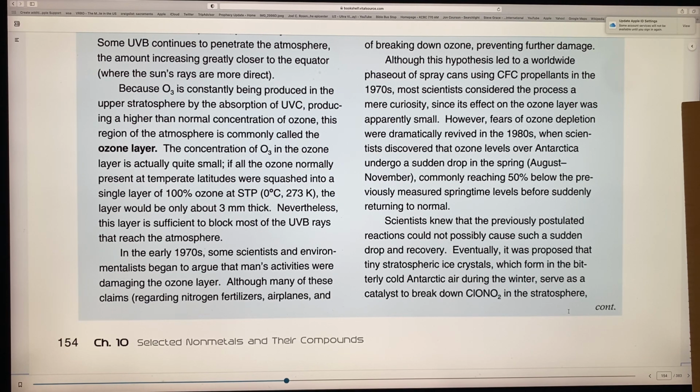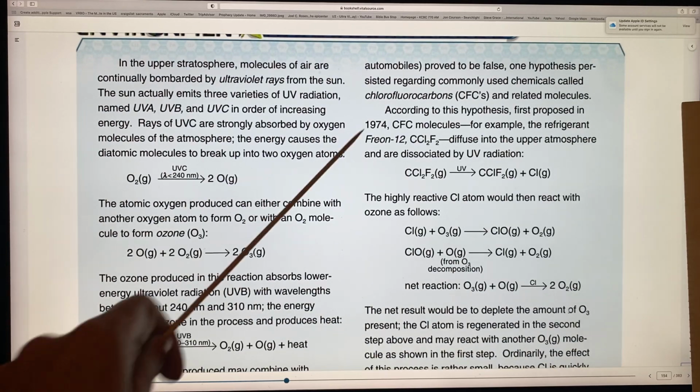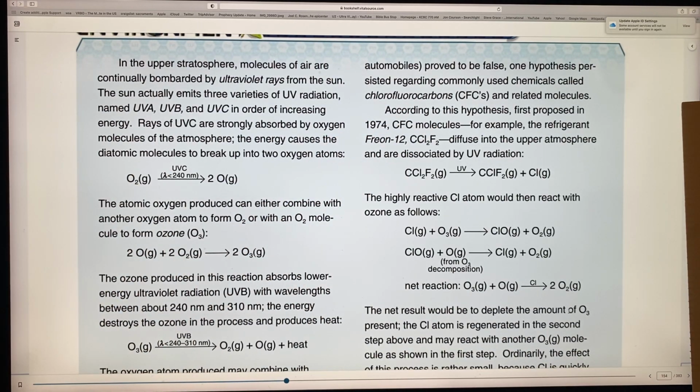But the main thing here is chlorofluorocarbons, CFCs. You'll hear about this when environmentalists are talking. They're going to be talking about CFCs, which contain chlorine. These chlorofluorocarbons were basically causing problems in the ozone.